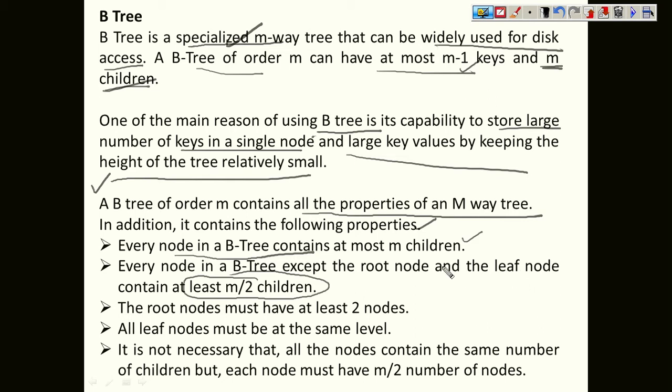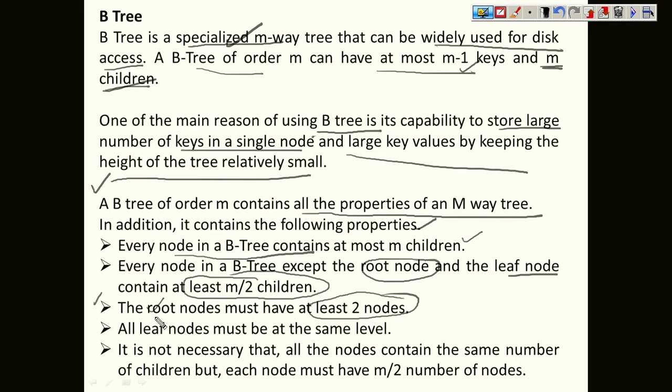Now the leaf node, we know, is a special node where we don't have any children. So except the leaf node and the root node, every other node must contain at least m by 2 children, and this actually ensures that the height cannot grow to a larger extent.